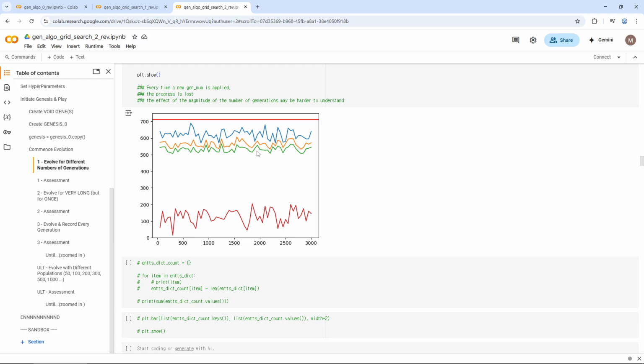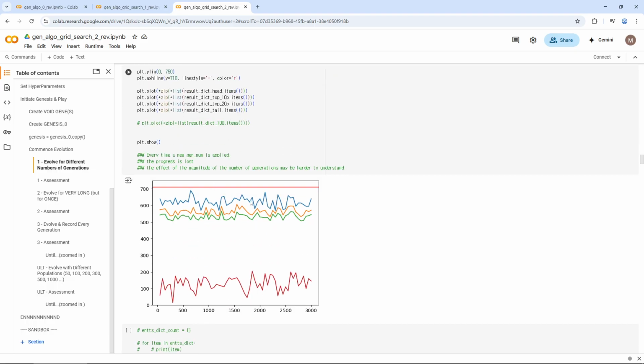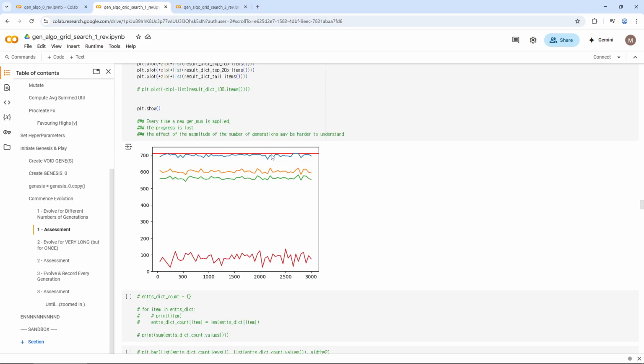But if the population is 10 times smaller, the plots for the heads, the blue line, the orange top 10%, the green top 20%, and the red tails, go up and down by bigger differences. Their waves are bigger, and overall their level is quite a bit lower.